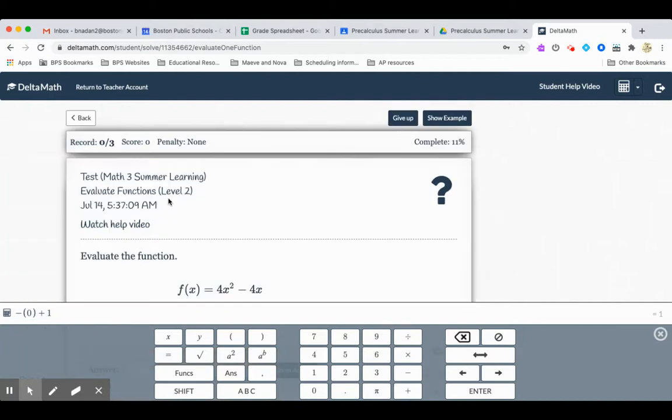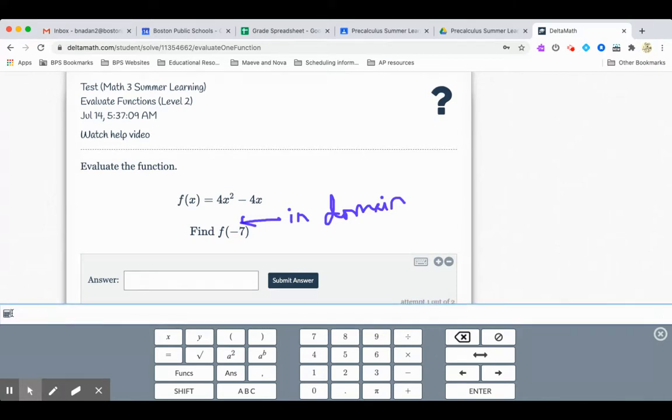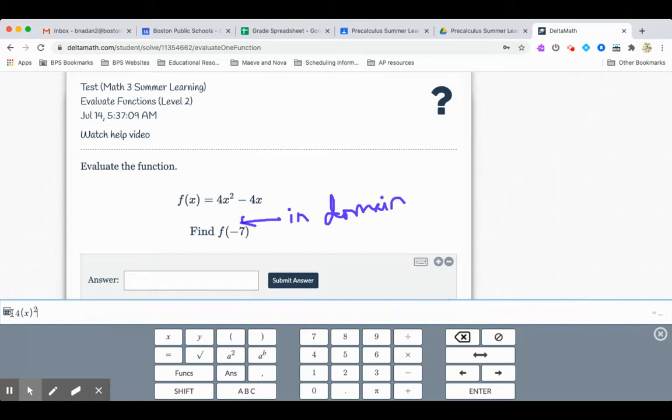Level 2 is slightly harder. So here you have -7 is the input, or the number in the domain. And I am trying to look for what the number in the range, or the output, is for this. Because there's two x's, the way that this is set up is it's going to be 4x, and I put x in parentheses, squared, minus 4x.